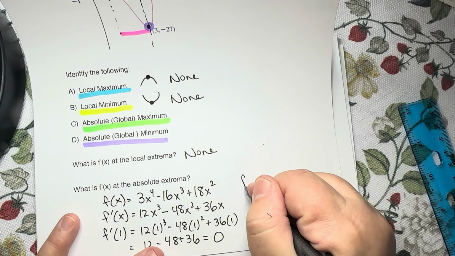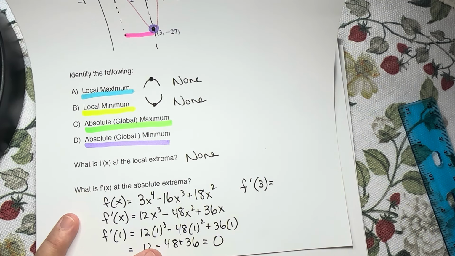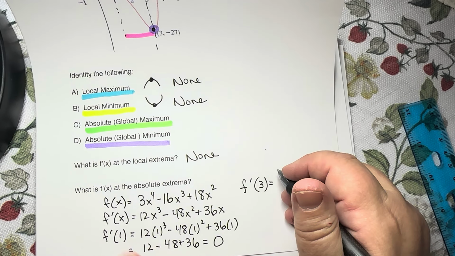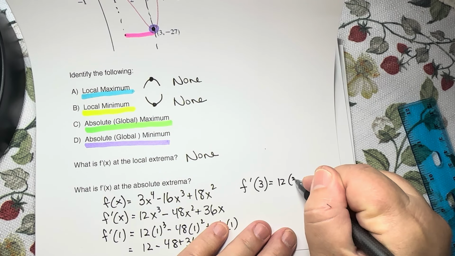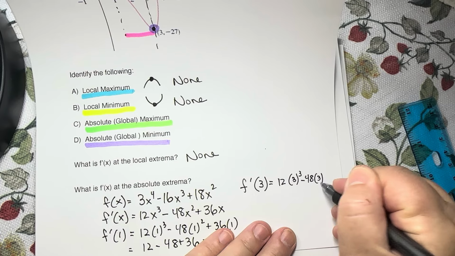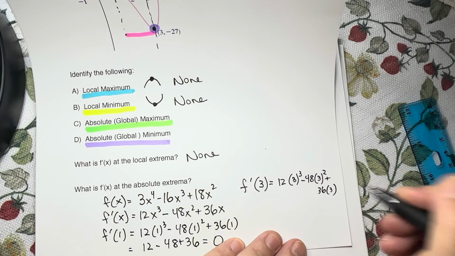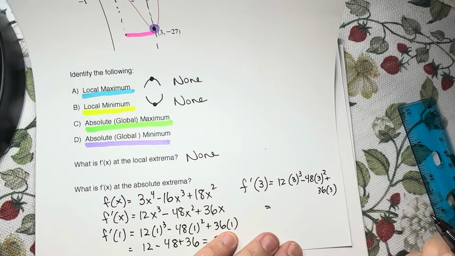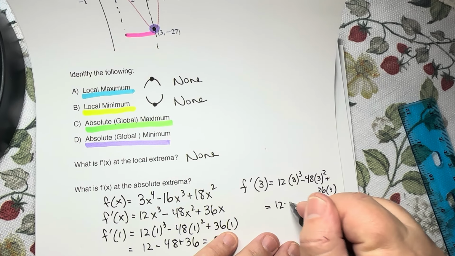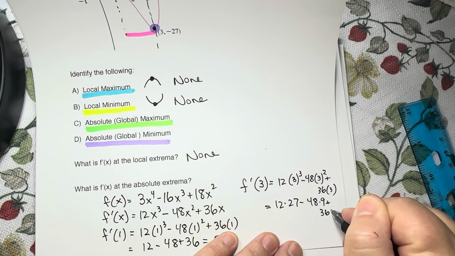And what about at the absolute minimum? When we plug in 3, do we really want to do this? Yeah? Okay. 12 times 3 cubed minus 48 times 3 squared plus 36 times 3. I don't have my calculator on me. So this is 12 times 27 minus 48 times 9 plus 36 times 3.